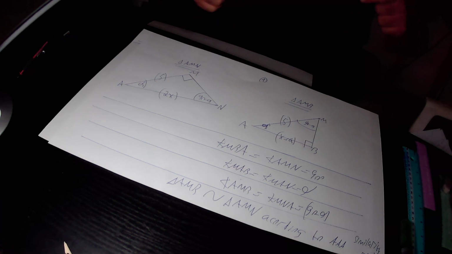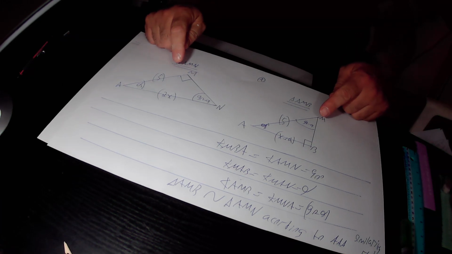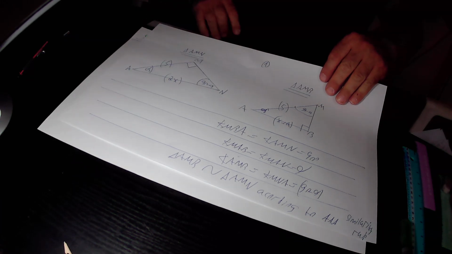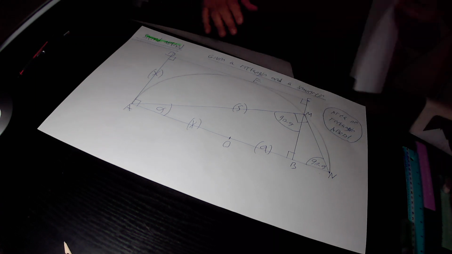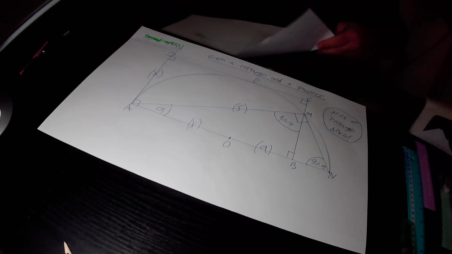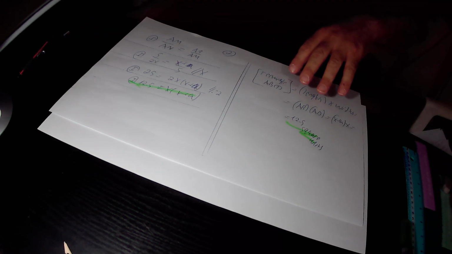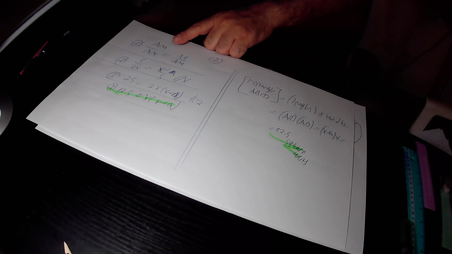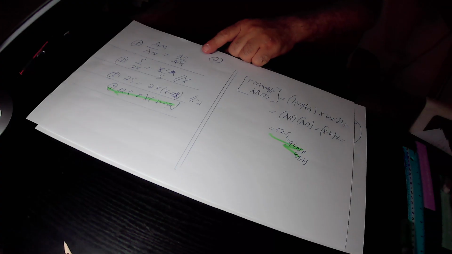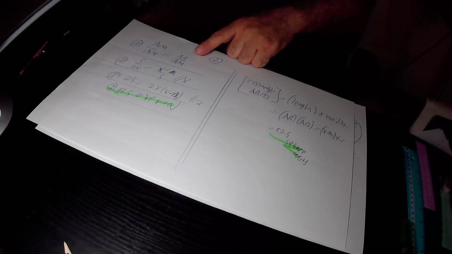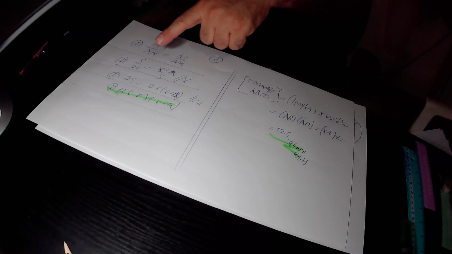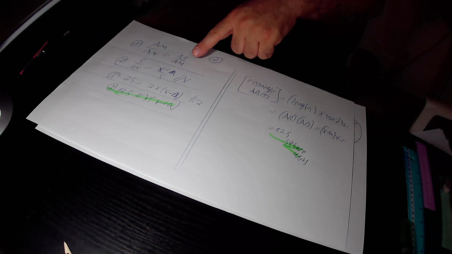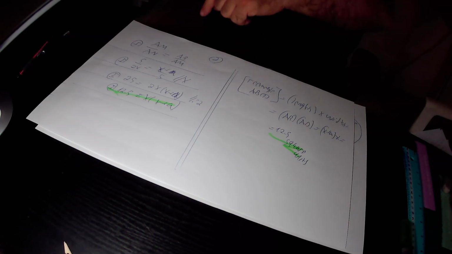From the fact that those two right triangles are similar to each other, we derive the following relationship between their sides: side AM in the right triangle AMB over side AN in the right triangle AMN equals side AB in the right triangle AMB over side AM in the right triangle AMN. AM is 5, AN is 2x, AB is x plus a, and AM is 5.